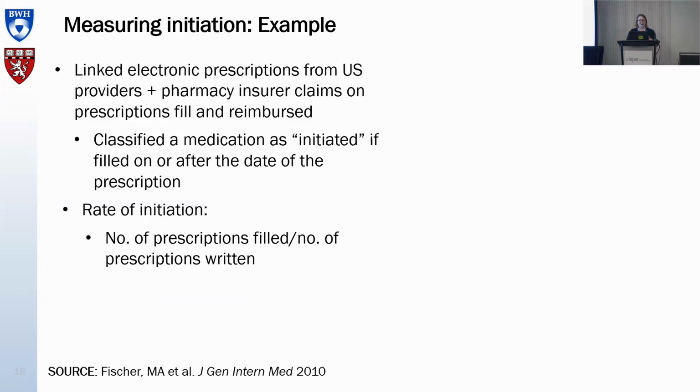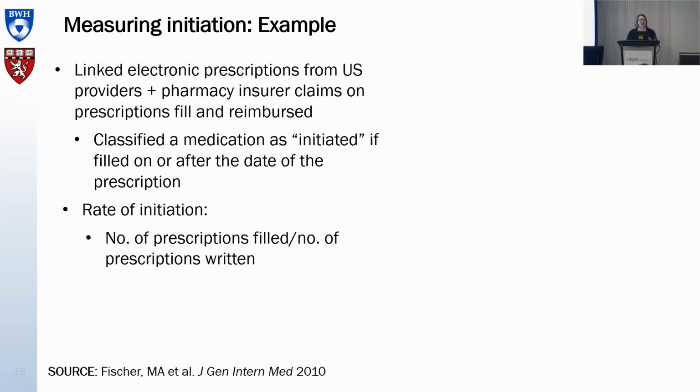There have been several studies on this, linking electronic prescriptions from US providers with insurer claims data. So you're linking what was prescribed with what was actually filled and reimbursed. The investigators classified a medication as initiated if it was filled on or after the date the prescription was written. They defined rates of initiation as the number of prescriptions filled over the number written.